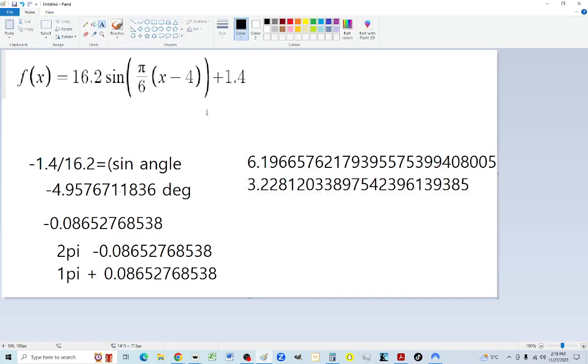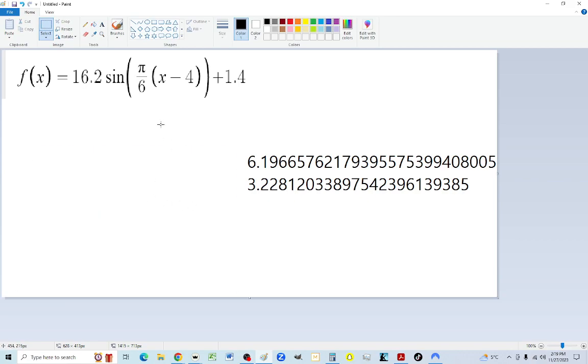So those are the two angles to work with. Which means this is going to be equal to either of those angles. So we'll just take that one first.